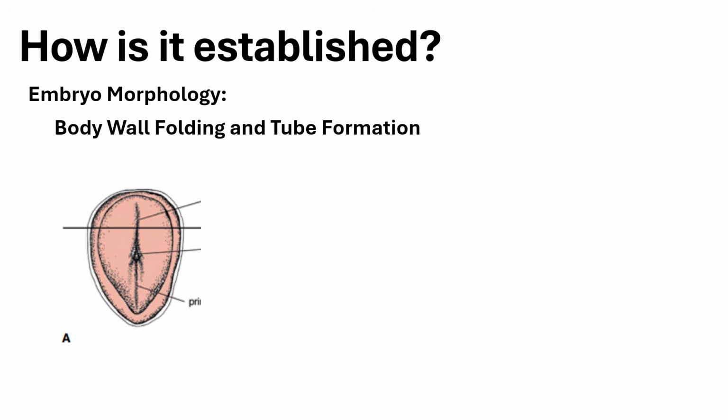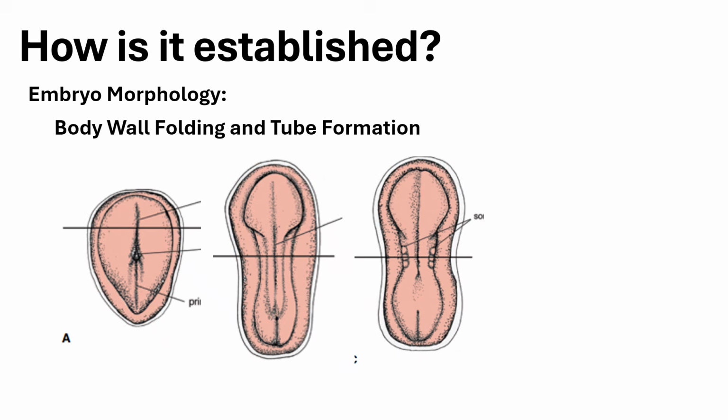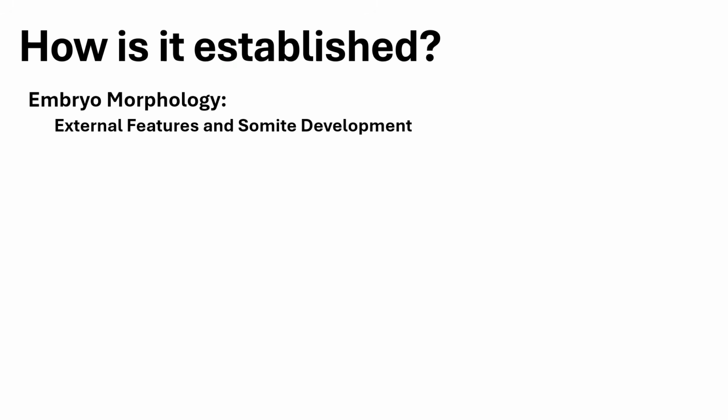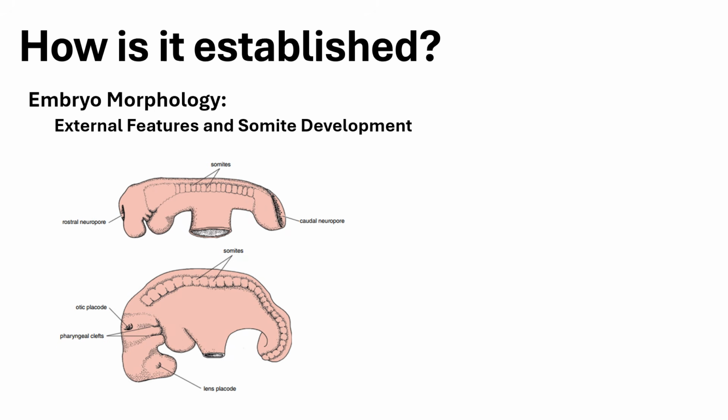Again, we'll have the body wall folding. As you can see, from a flat structure, the embryo overall folded itself until it becomes a tube. And technically, the embryo, or our body, we're basically tubes, a tube inside a bigger tube.